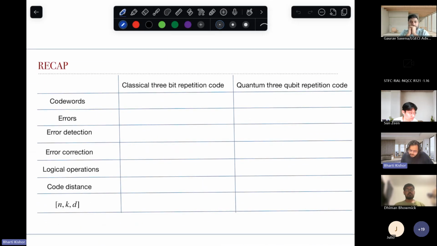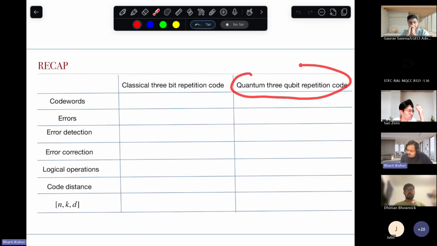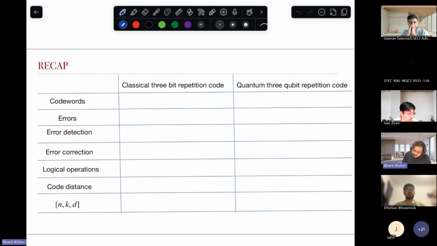Last week we started with a classical 3-bit repetition code, and then we talked about the quantum 3-qubit repetition code. The codewords were: 0 logical was 000, and 1 logical was 111, so we were repeating 3 times.